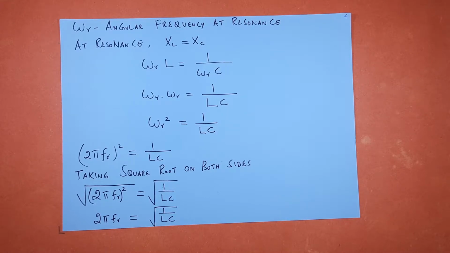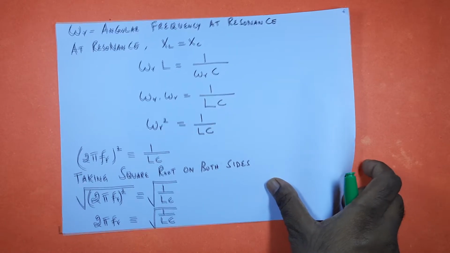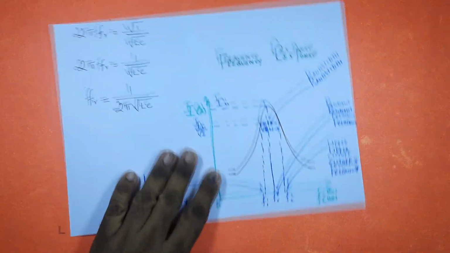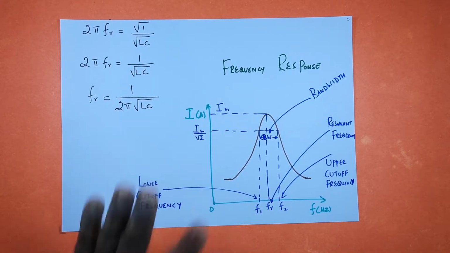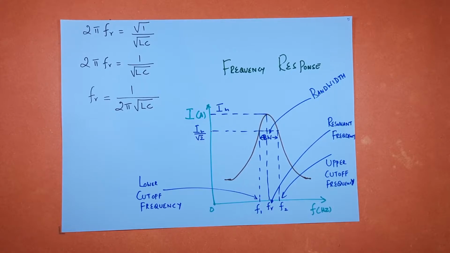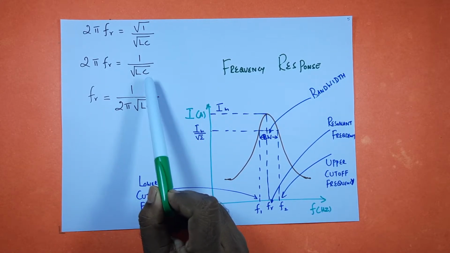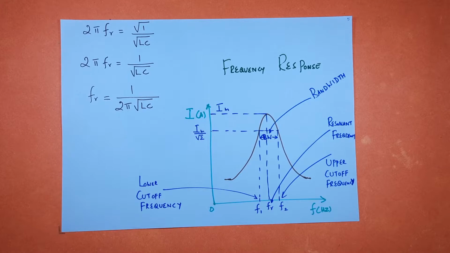So this will become 2 pi FR equal to square root of 1 by LC, that is, 2 pi FR equals 1 by square root of LC. So FR, the resonance frequency, equals 1 divided by 2 pi root of LC.